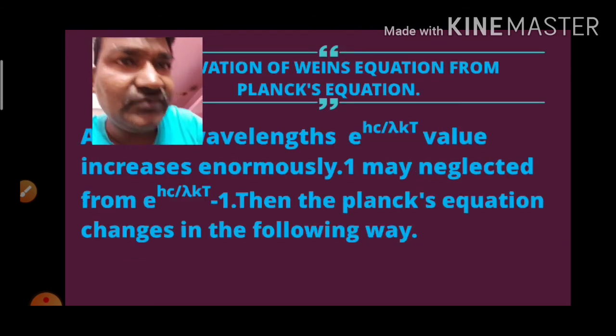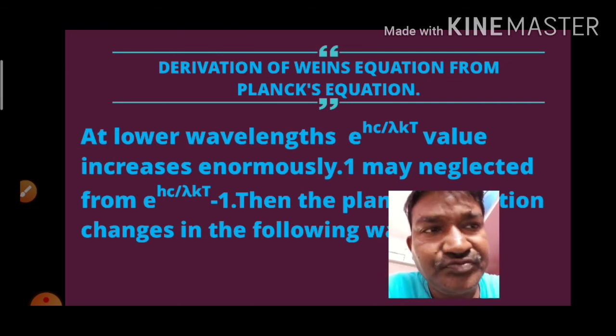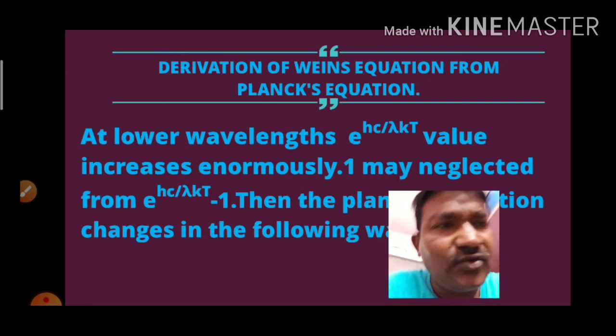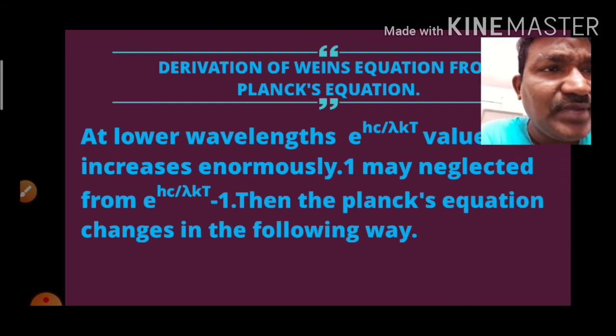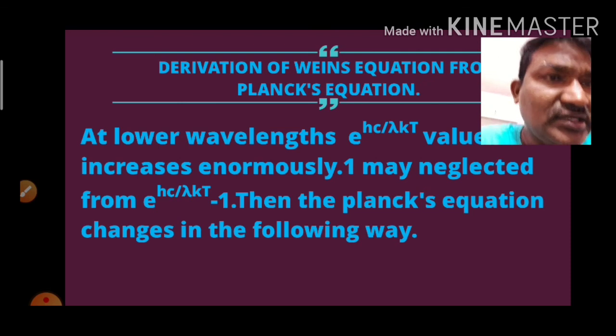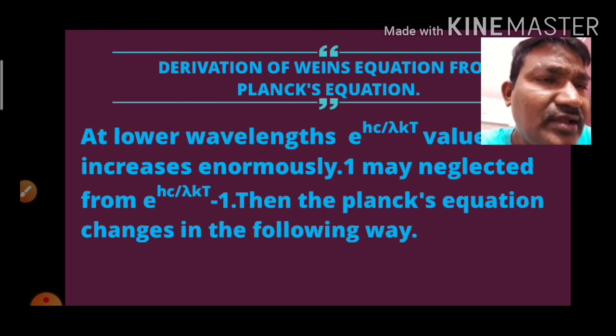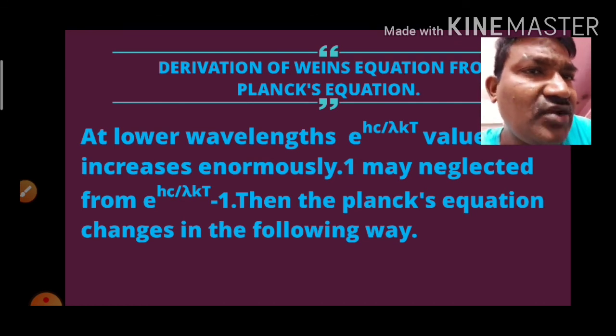So first of all, we go for the derivation of Wien's equation from the Planck's equation. At lower wavelengths, the e to the power of hc by lambda kT value increases enormously, because here the lambda value decreases. As a result, the overall value increases.